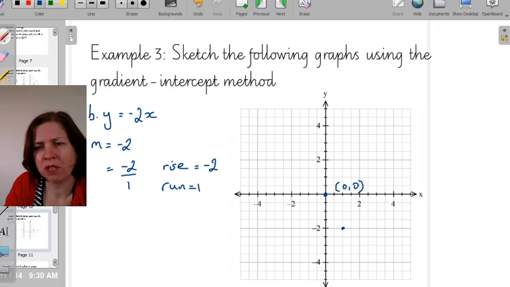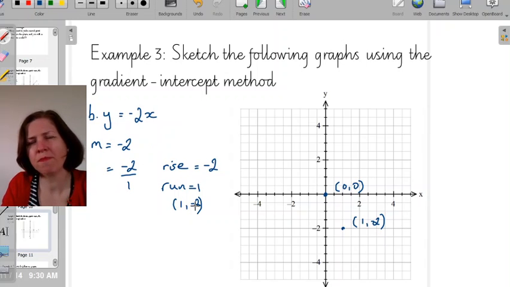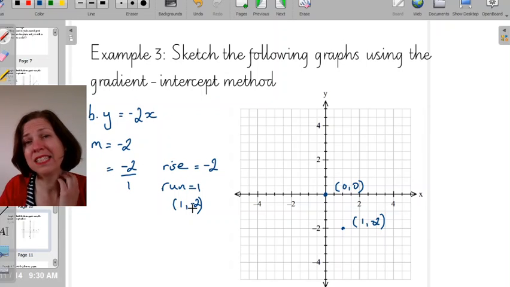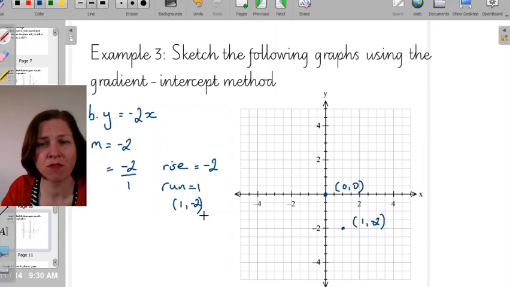And that will bring me to the point 1, -2. And as I said to you, that's the same as rise over run. So I could have, from here, straight away decided that my new point was going to be 1, -2. But that only works for graphs of this form where there's no plus c. It won't work for any other graph.